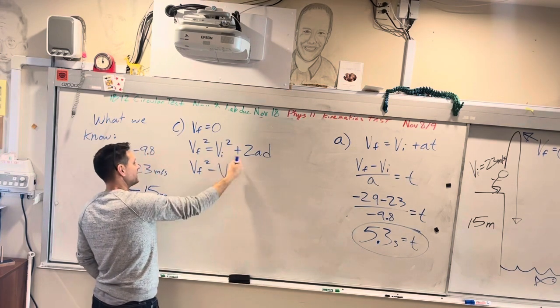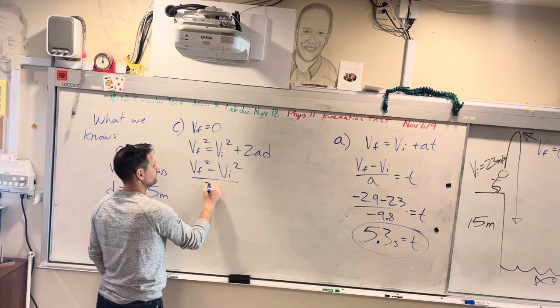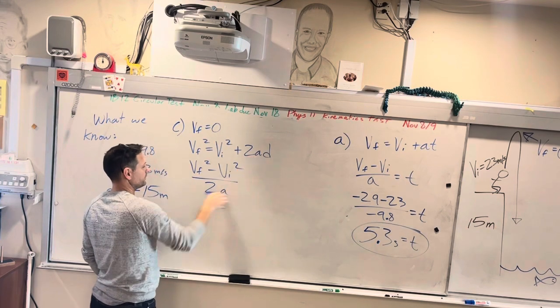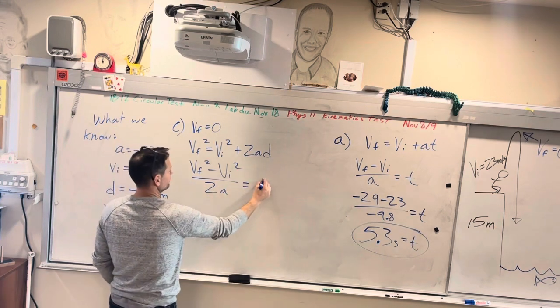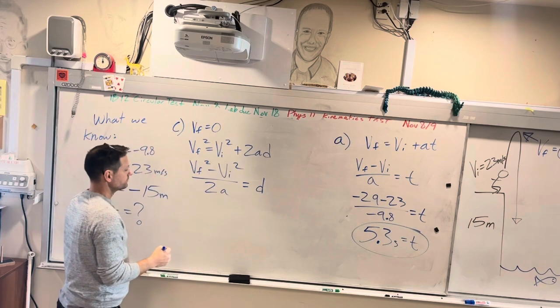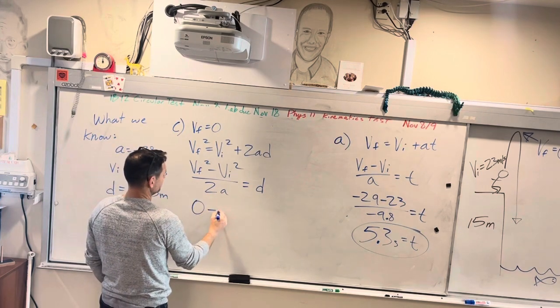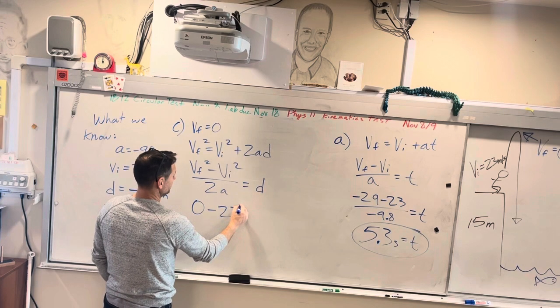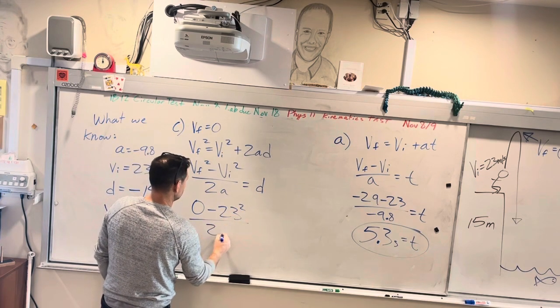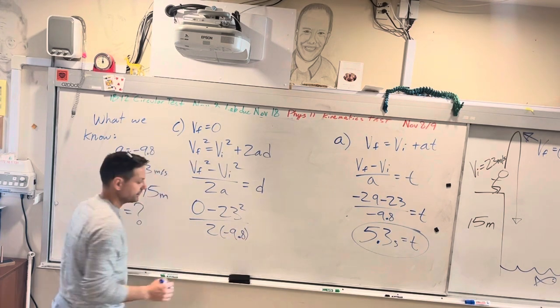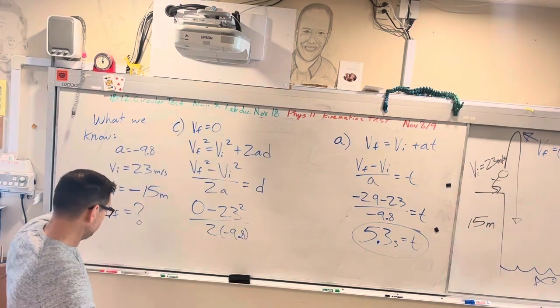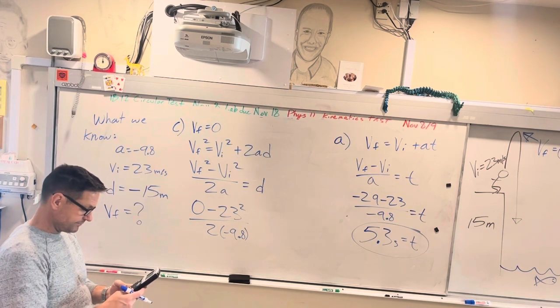So I'm going to subtract my VI squared over and then divide by my 2A under. And that should be my displacement. So I know my VF is 0 in this case, and I know he jumped at 23. So it'll be a pretty big number actually. He went really high.